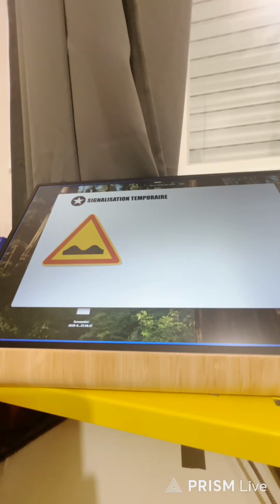Anywhere you see this triangle with a yellow background, you should know that this is a temporary panel. It supersedes the normal permanent one, because they are quickly using it to do something in that place.